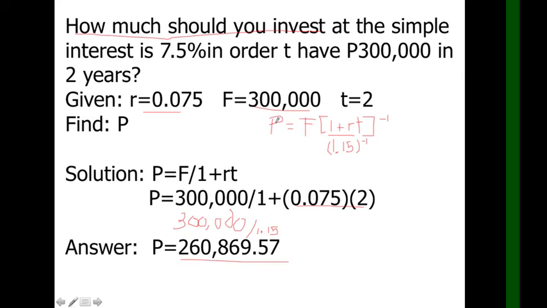Ulitin ko. Another way para ma-solve mo ang principal is F quantity or square bracket 1 plus RT raised to negative 1.